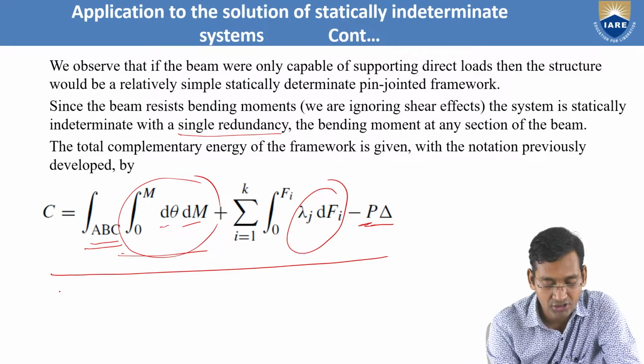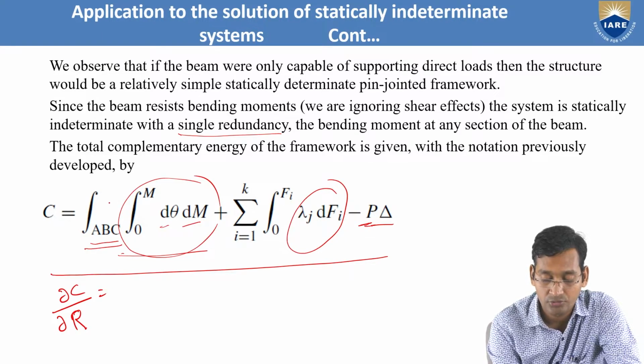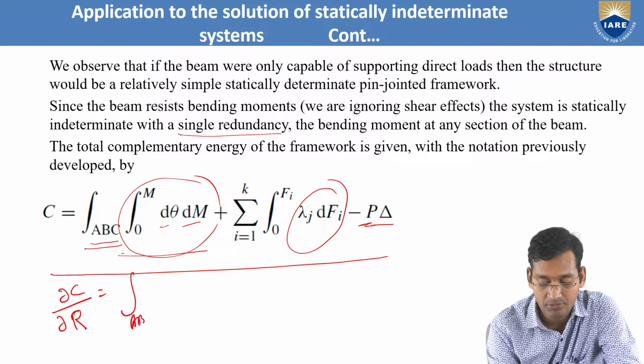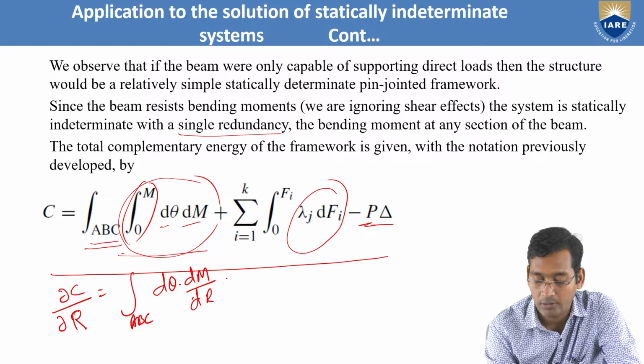So after differentiating this, what we will get? Dou C by dou P, sorry, dou R is equal to this. This will get cancelled, differentiation. Now this we can write d theta into dou m by dou r, plus, i equals 1 to k.